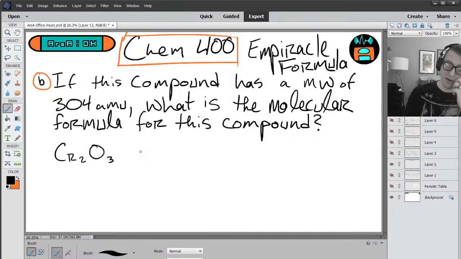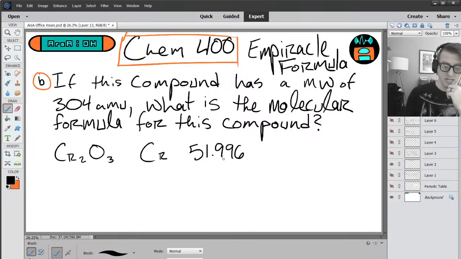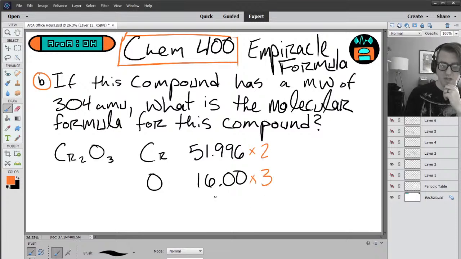So to calculate our empirical weight, we look up the atomic mass of chromium, which is 51.996, and the atomic mass of oxygen, which is 16.00, and we have to multiply chromium by 2, oxygen by 3.